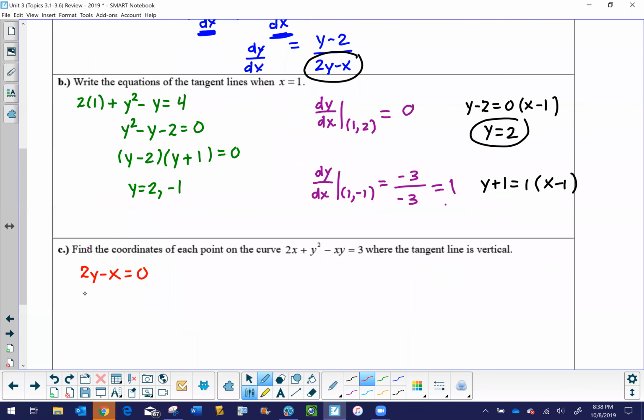How do you solve this and get an x and a y? Because it's one equation with 2 variables, and I know that that's a little tricky. So the thing to do is to solve it for x, add the x over, and then go back to your original problem and replace the x's with 2y. It's basically using the substitution method.